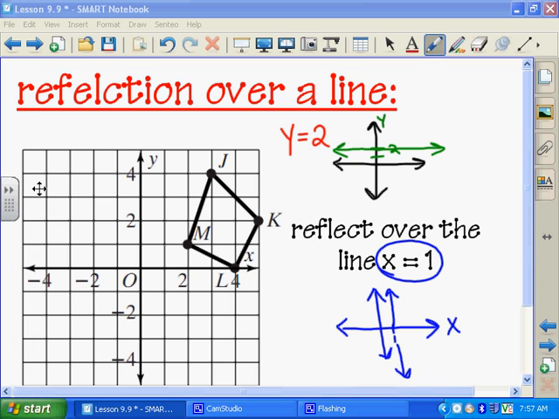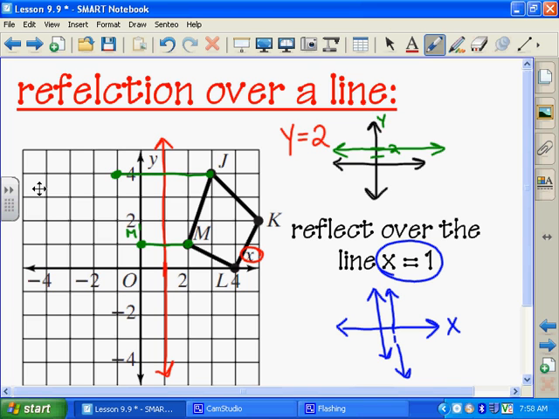So I'm just going to start with 1 point. I'm going to start with M. M is 1 unit away. So I go 1 more unit, and now I have M prime. J is 2 units from this red line. So I'm going to go 2 this way, and that is J prime. And then I have L, and L is 1, 2, 3. So then I go 1, 2, 3, and that is L prime.